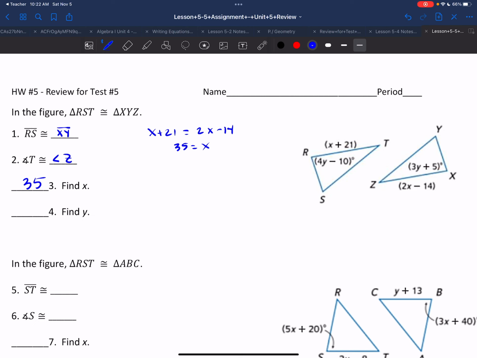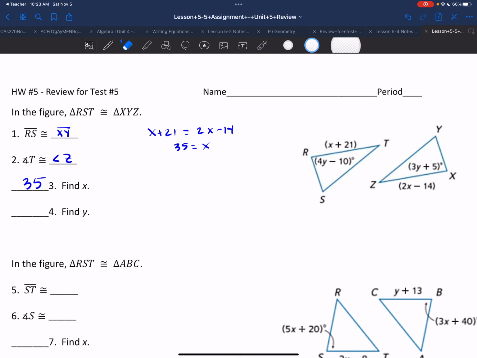Now I'm going to take a look at my Y expressions. Notice that Y is right here, and it's associated to this R. R is in the first position. I need to figure out what is in the first position of the other triangle, which is X. That has the variable I want, and they are congruent, therefore I need to set them equal to each other.